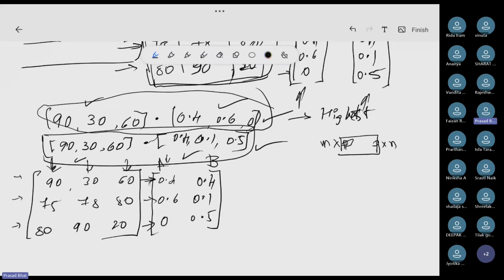So the aptitude marks from here are multiplied with the aptitude weightage of company A, and then communication marks from here get multiplied with communication weightage from company A, and then the coding marks from here get multiplied with coding weightage from company A. That, when summed together, will give you a particular value, and if that value is very high, then it is highly likely that that student is going to get hired in that particular company.